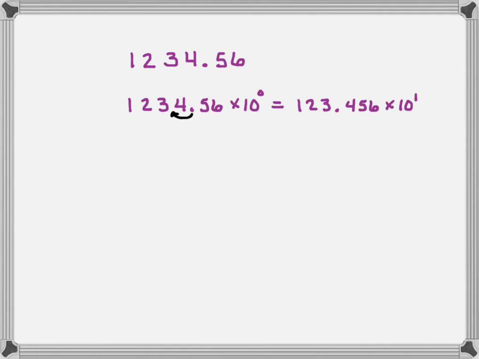But if I move it over 1, so that it's now between the 3 and the 4, it's going to be equal to 123.456 times 10 to the 1. I've increased the exponent by 1 because I moved the decimal place over one space.